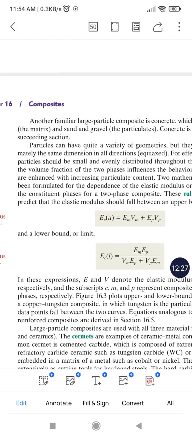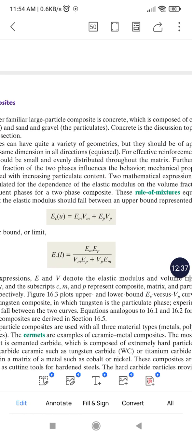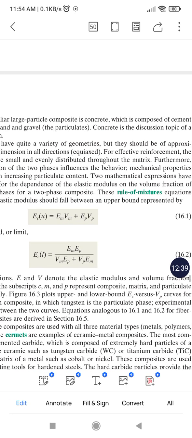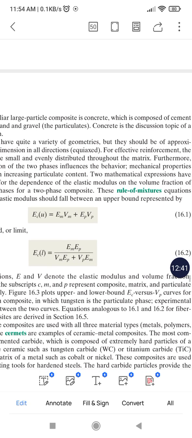So Ec is the elastic modulus of the composite, the combined material, that is equal to Em Vm. Em is the elastic modulus of the matrix and Vm is the volume fraction, how much volume fraction of the composite material is the matrix.